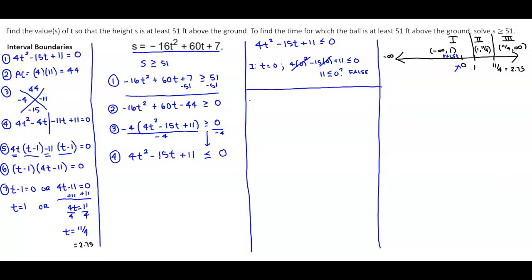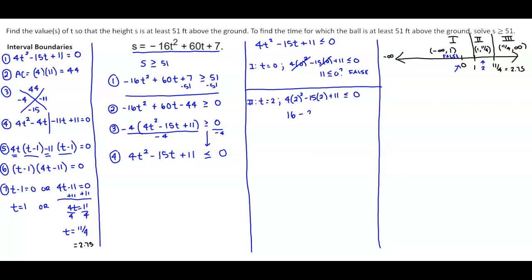Okay, for region number 2, we can pick 2. So t is going to equal 2. So it's going to be 4 times 2 squared minus 15 times 2 plus 11. We want to see if it's less than or equal to 0. 2 squared is 4, times 4 is 16.